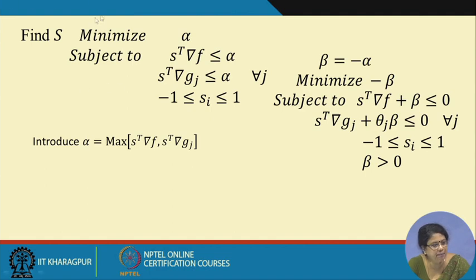Alright, beta is something that relates to the magnitude of alpha, but you see theta j is an angle, which refers to the angle of the descent feasible cone, that is the usable cone. What is our target? Our target is to push theta. If theta is equal to 0 means what?